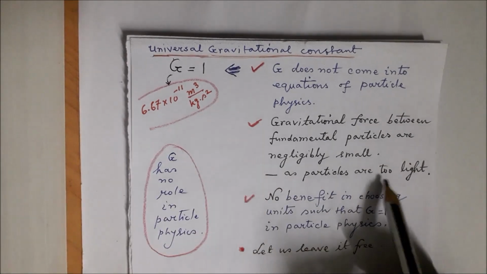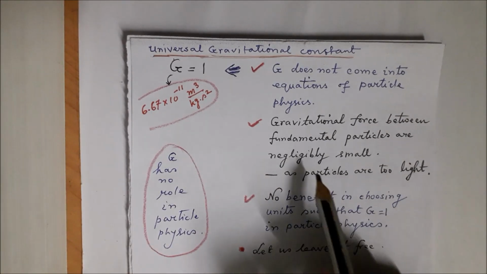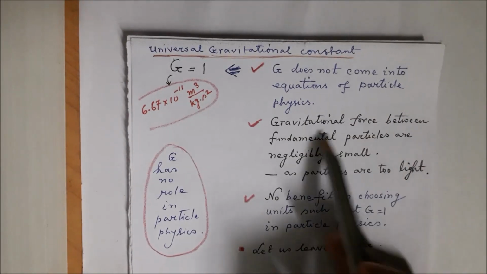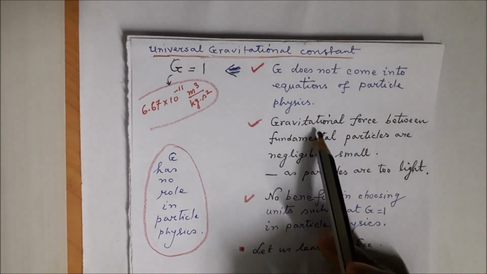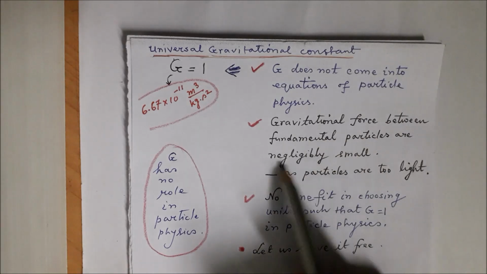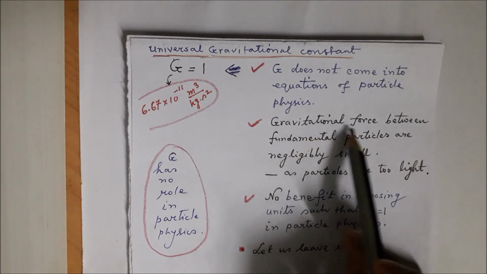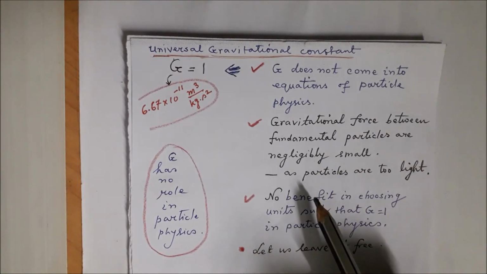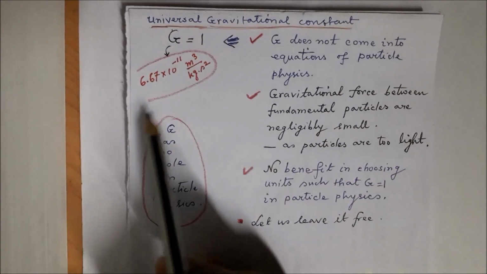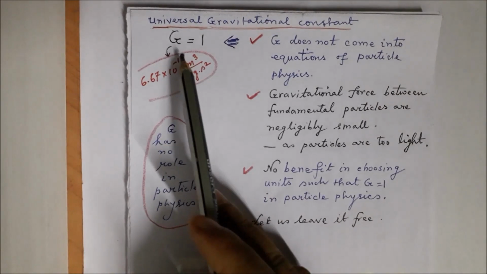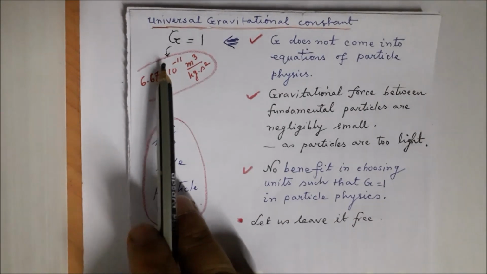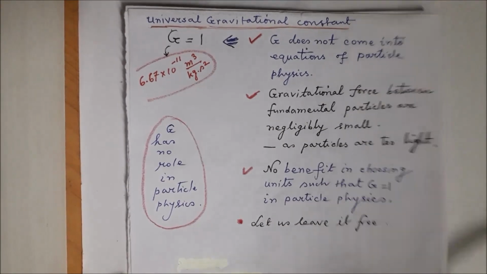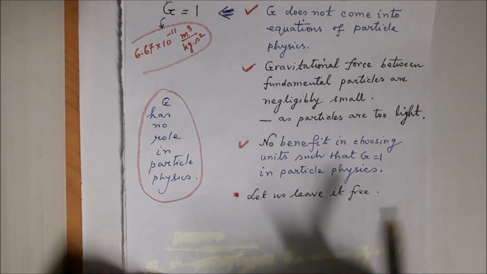Particles are too light to feel or experience in a significant way the gravitational force between themselves. And therefore, since gravitational force is negligible, it has nothing great to do or influence the particles. There is no benefit in choosing G equal to 1 in particle physics. Actually, G has no role in particle physics. Therefore, we can leave it free.